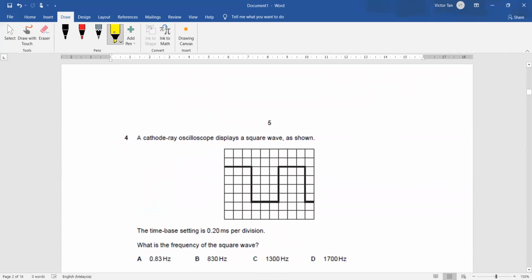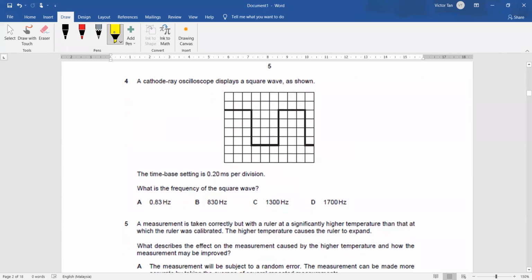A cathode ray oscilloscope displays a square wave as shown. The time-base setting is 0.2 milliseconds per division. What is the frequency of the wave? This is the period: 1, 2, 3, 4, 5, 6.